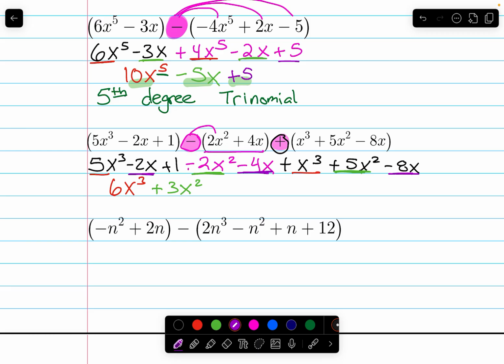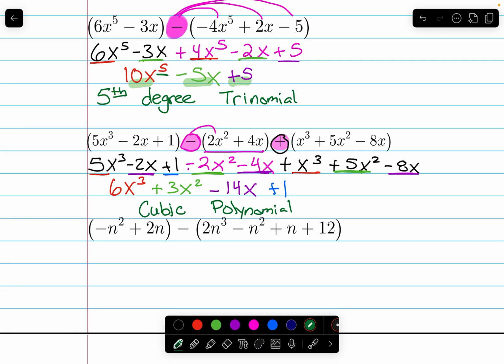We don't want to leave one out. Negative 2 minus 4 is negative 6, minus 8 is negative 14x. And then last but not least, we have that plus 1 at the end. Double check, did I include all my different terms? I did. So what do I have here? Highest exponent is 3, so this is cubic. There are lots of terms here, so we're going to call this a polynomial.